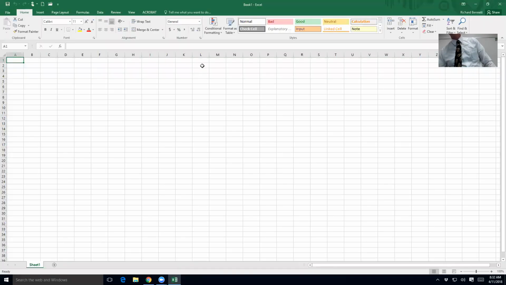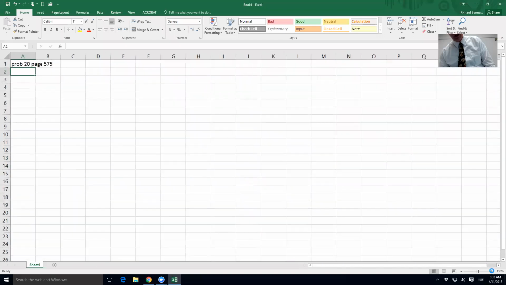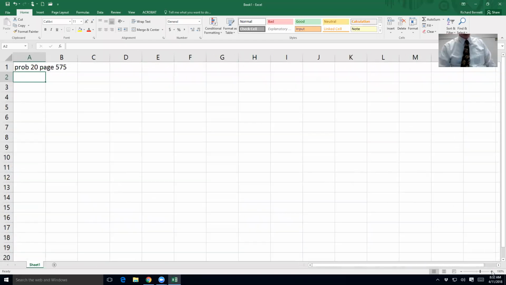We'll do this one. This might take the rest of the class. This is problem 20, page 575. Sorry, you're going to want that bigger, aren't you? It's not on. Oh, it's not on, that would help.